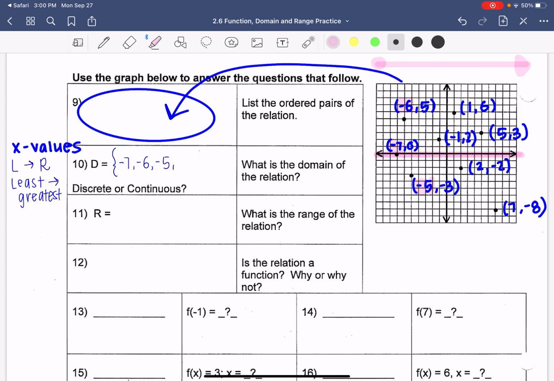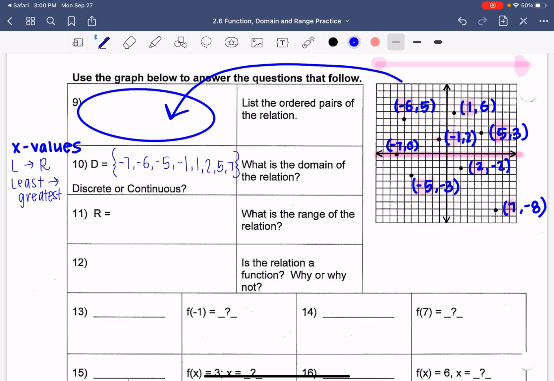The next point is at negative 1, this point right there. The next point is at 1. Next point is at 2. We have one at 5. And then last but not least, we have our 7.